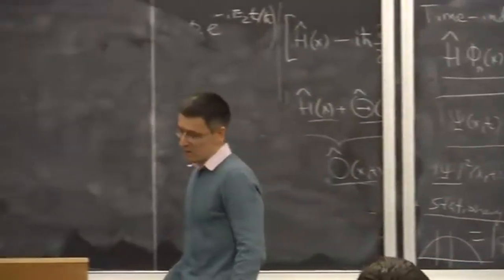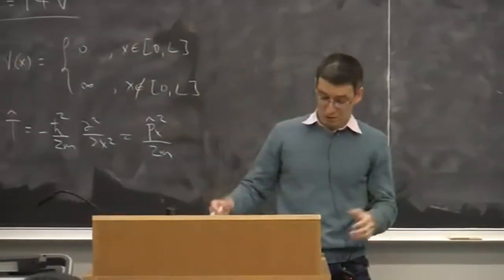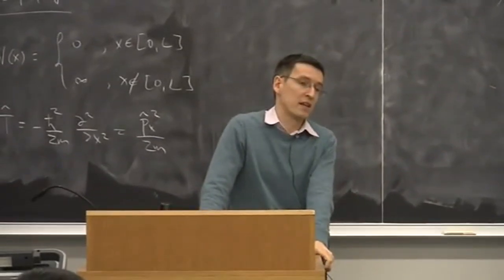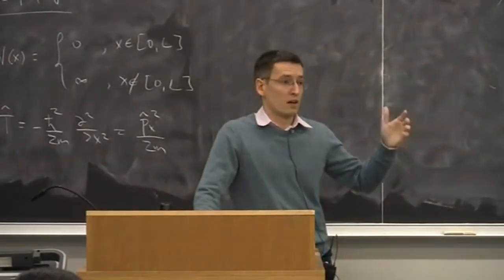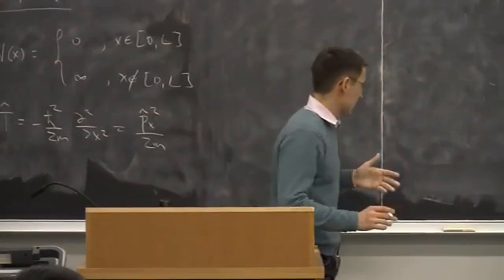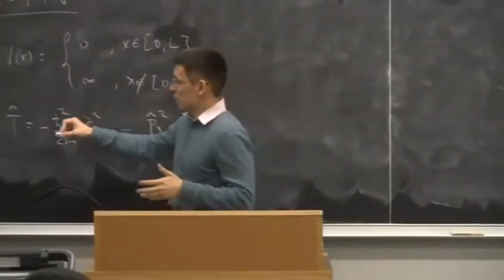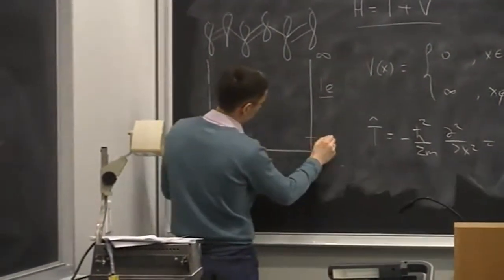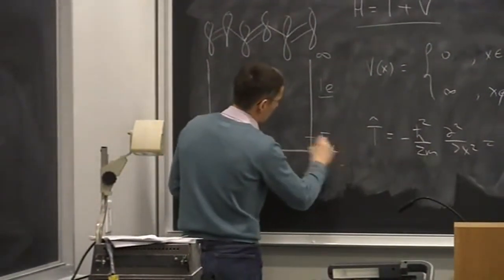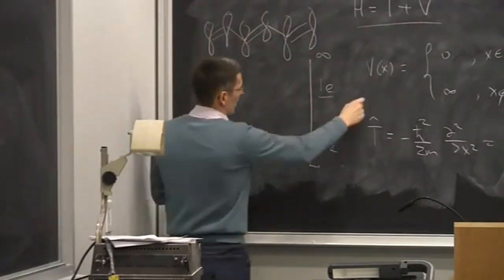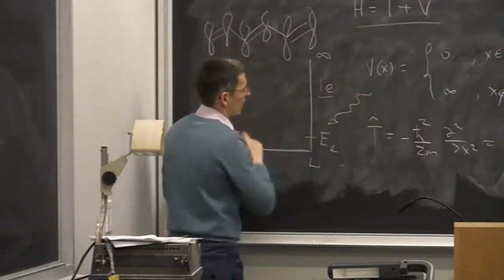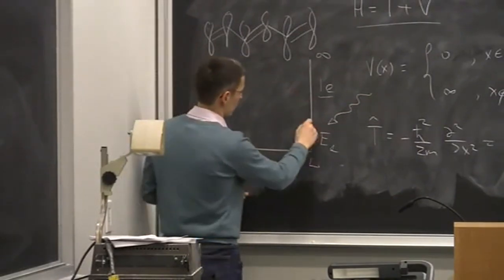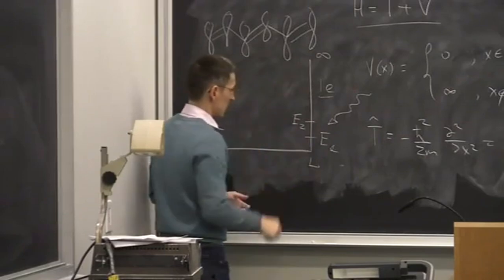From these energies, one nice quantity we can obtain is excitations. Excitations mean that if you have one electron sitting at energy E1, imagine light comes in and excites the electron to level E2.